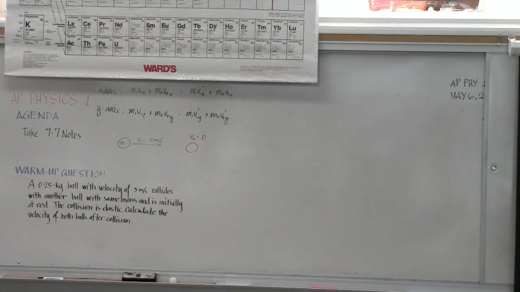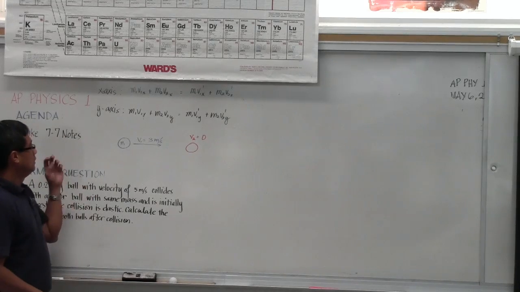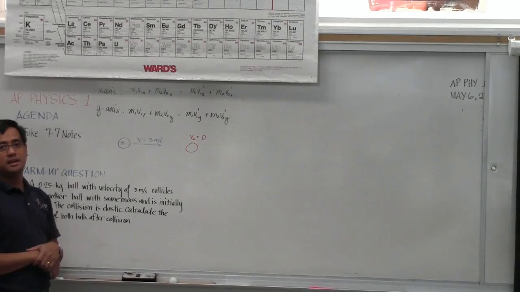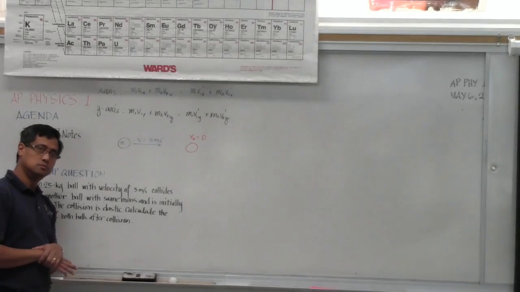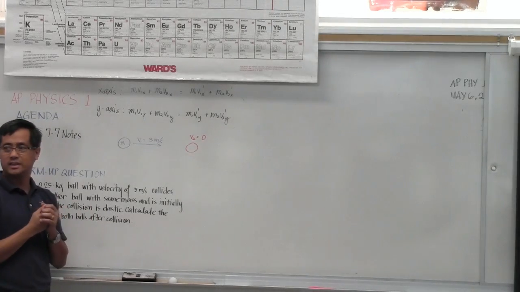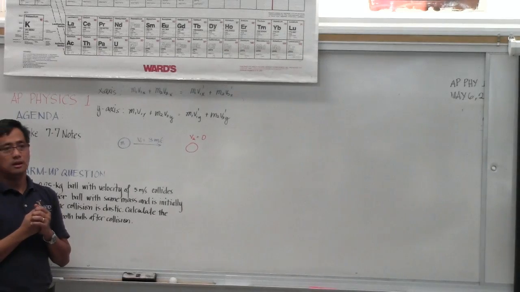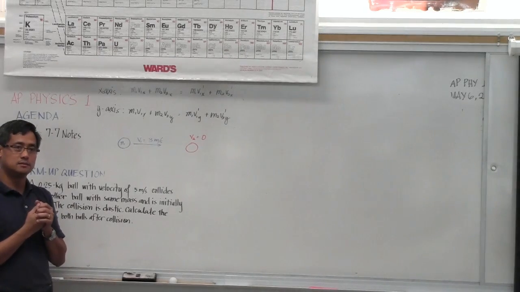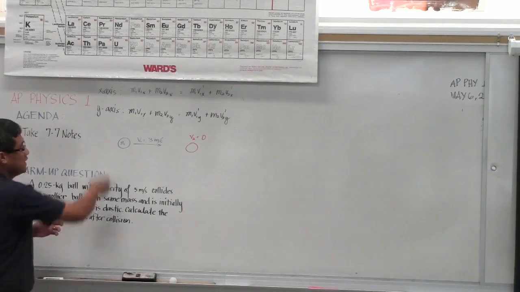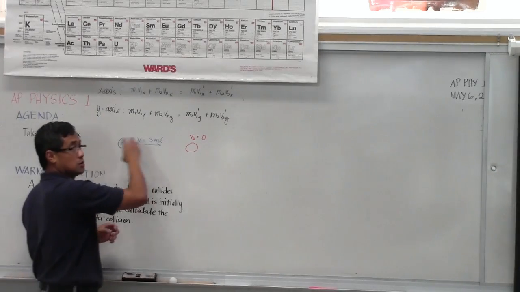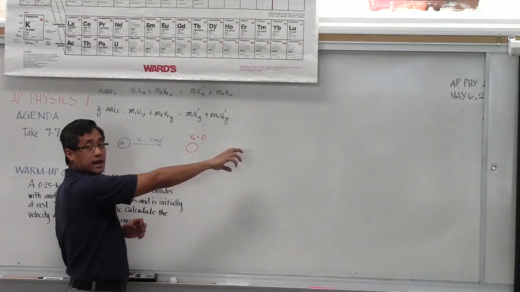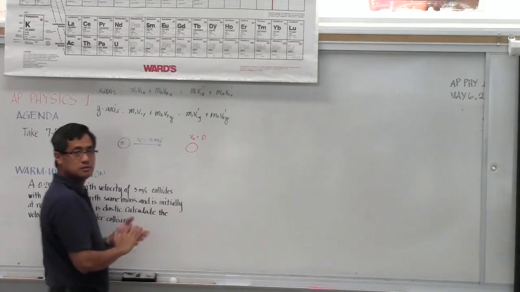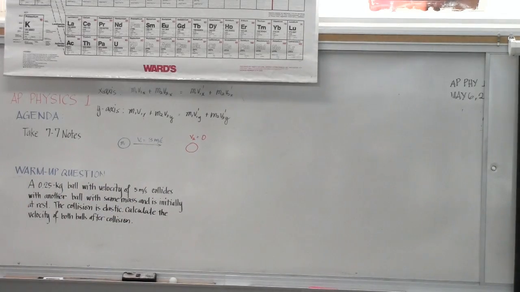Before they collided, does it have any momentum on the y-axis? None. Why? It was not going up and down. Its velocity was just going straight to the right, so it's all x momentum. So far, did you understand that?